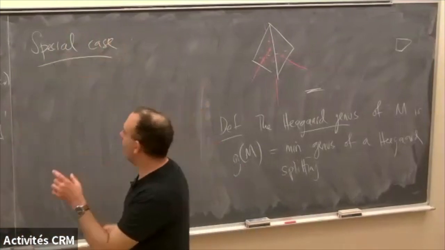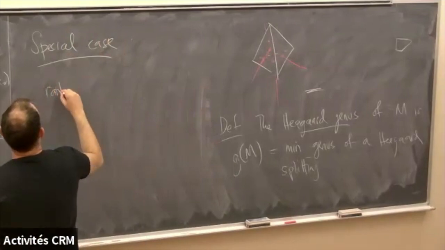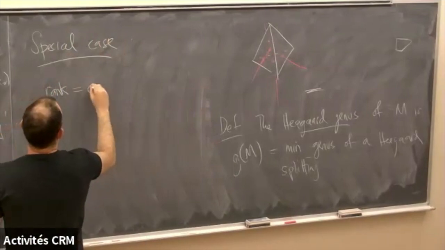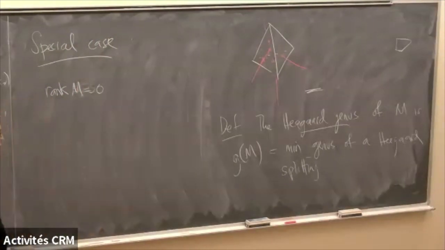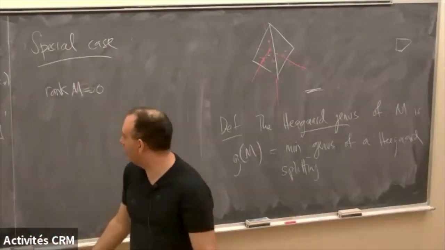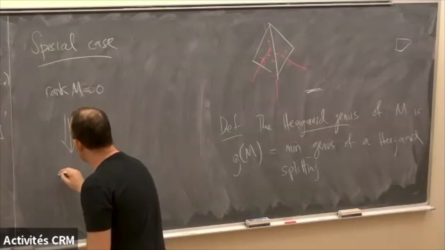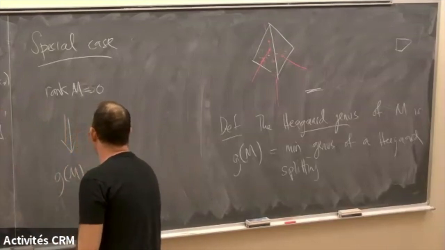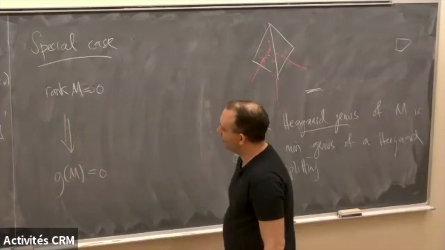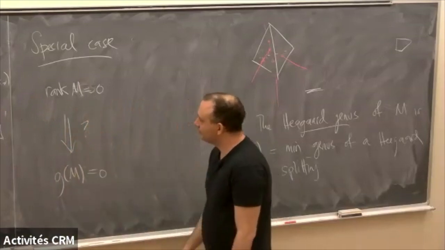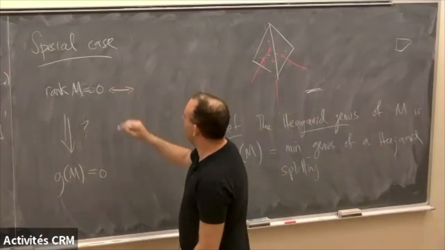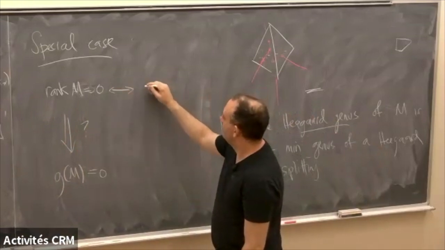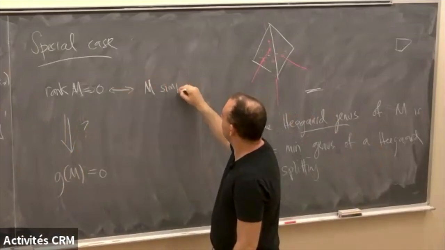If I'm asking whether they're always equal, then one thing I want to prove is that I could look at the case where rank is 0. If they're always equal, that should imply that the Heegaard genus is 0. Okay, so this is our question. But what do these things mean? Rank 0 means that M is simply connected.